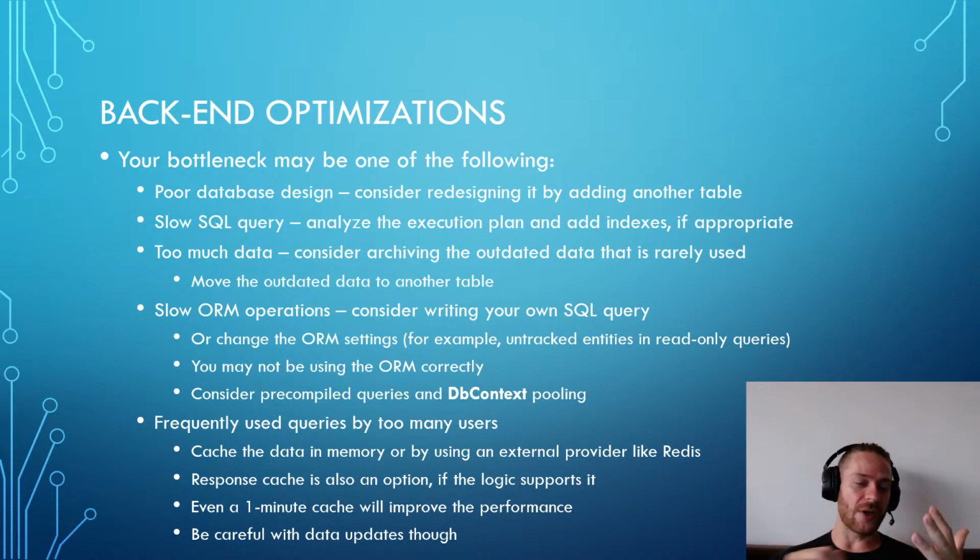I have a very good series about Entity Framework performance. It's on my YouTube channel, so make sure to check it out if you haven't already. You will understand a lot of concepts behind the ORMs, how to improve Entity Framework, how to write better queries, and so on.